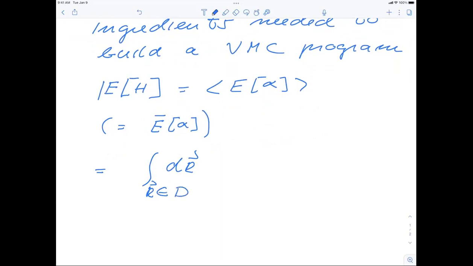And we have a trial wave function, complex conjugate, which depends on the positions of all the particles and other quantum numbers. I'm assuming that I'm leaving out other quantum numbers. Then the Hamiltonian depends only on the position of the particles. And then we have psi of T, where T stands for the trial wave function.